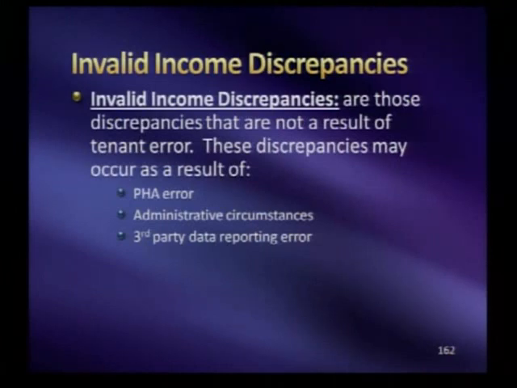If the tenant came in and gave you documentation and you dropped the ball and you forgot to count that income and then you realized it later on, you can't charge that tenant retroactively for your error. Now, if you do, you're going to have legal aid knocking on your door. So I just want to make sure you understand, if you, the PHA, made an error, you can fix the error going forward, but you cannot hold the tenant liable for what they should have been paying if you made an error.